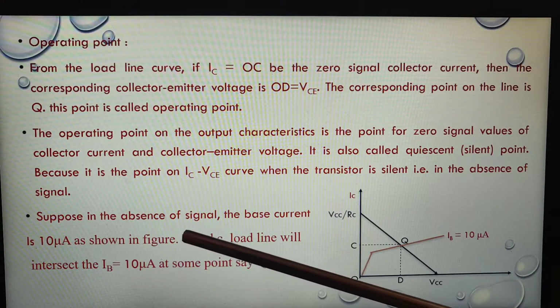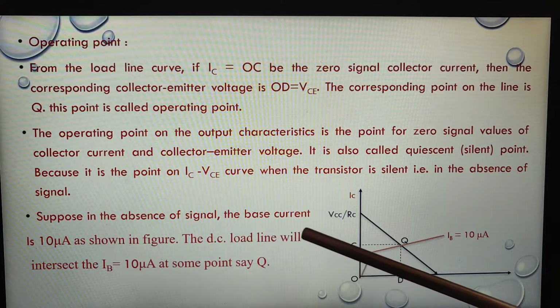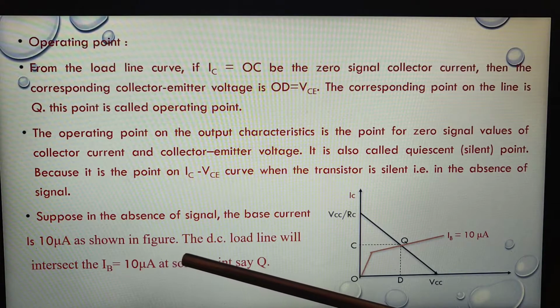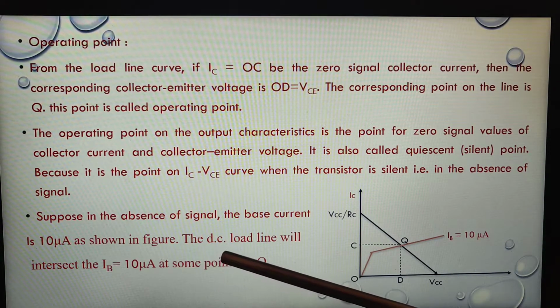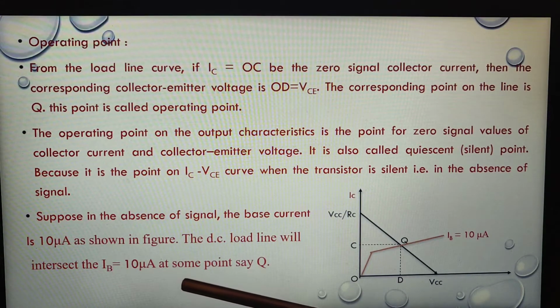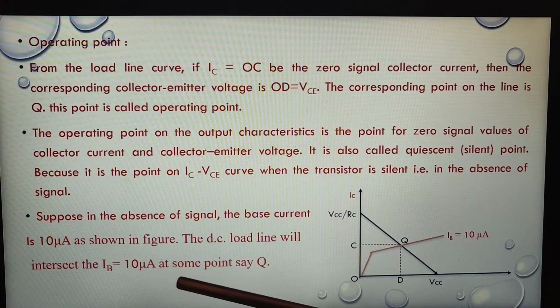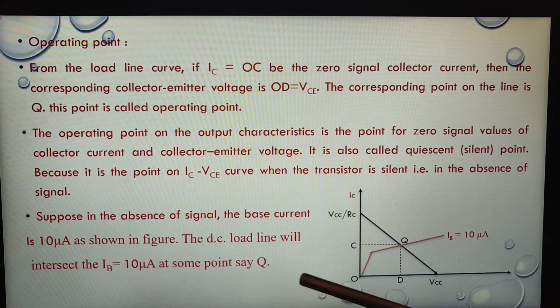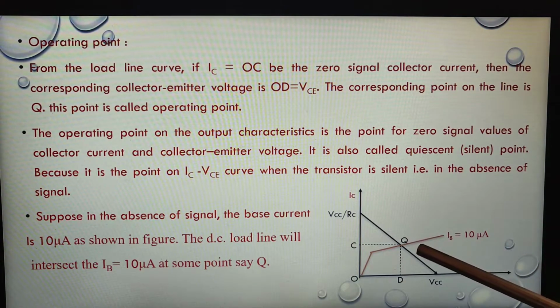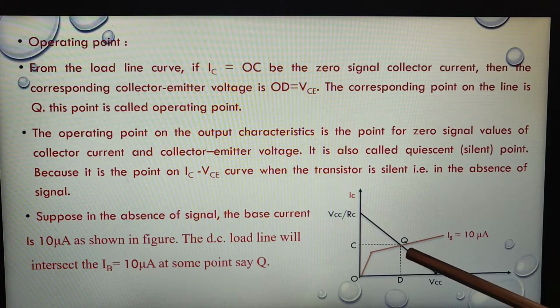Suppose in the absence of signal the base current is 10 microampere as shown in the graph. The DC load line will intersect the IB equal to 10 microampere curve at some point, say Q. So this is base current having value 10 microampere and the point Q is intersecting here.